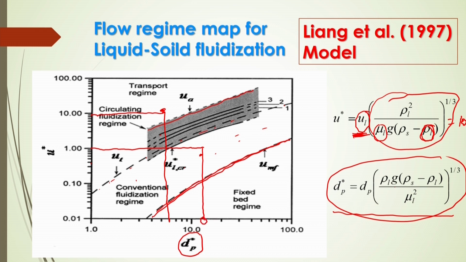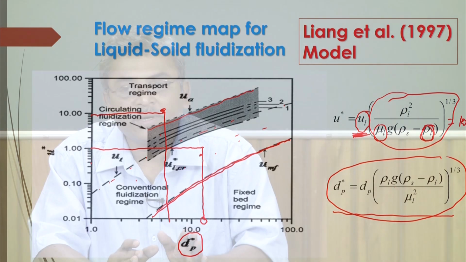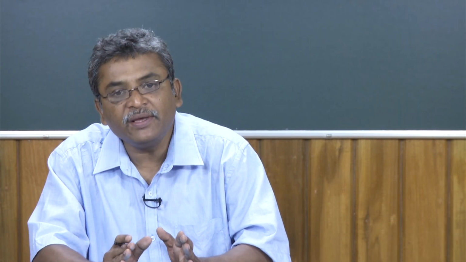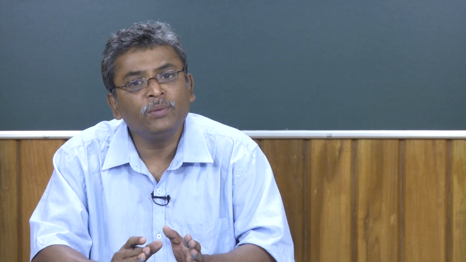So, from this flow regime map you can get the idea what should be the particle size to be taken to get this particular fluidization regime, or if your particle size is fixed, then what should be the fluid velocity inside the bed to be maintained to get this particular fluidization regime. So, you can calculate it from this fluidization map.